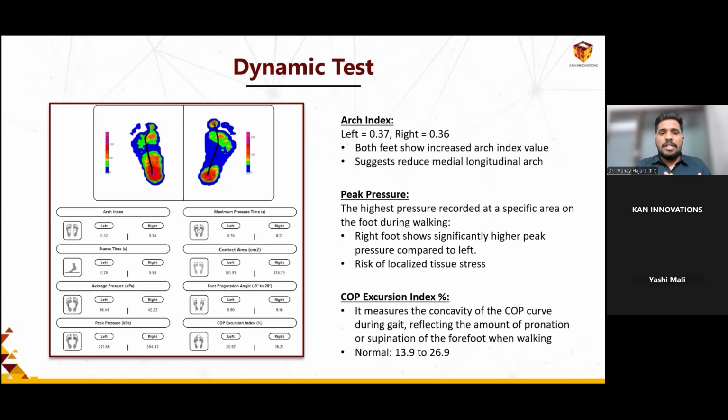The normative range of this value is 13.9 to 26.9. Over here, as the value is in the normal range, it indicates the forefoot is not going much into pronation.